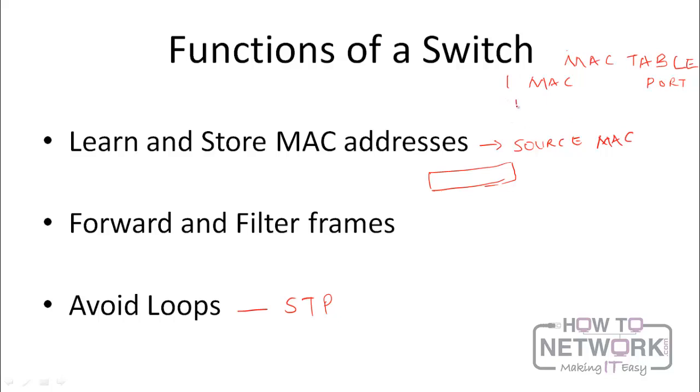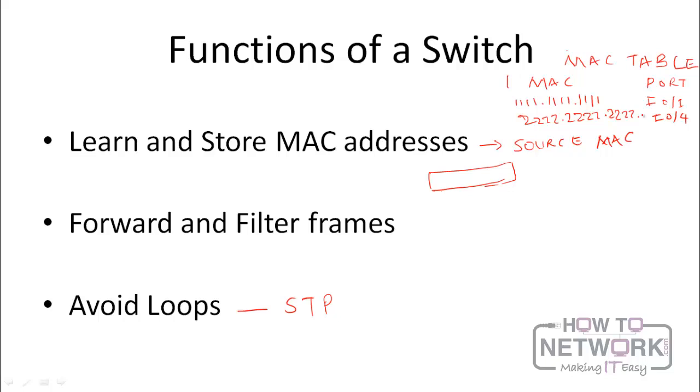So if I have a MAC address that says 1111.1111.1111, and I can say it goes to Fast Ethernet 0/1, and then I could have this other MAC address that says 2222.2222.2222, and it goes to Fast Ethernet 0/4.